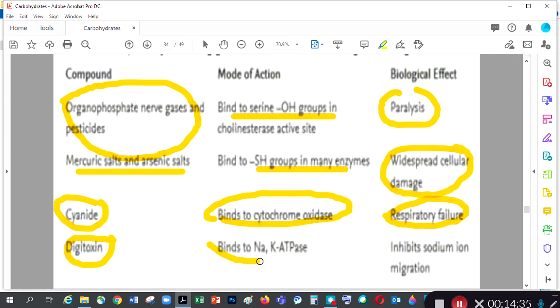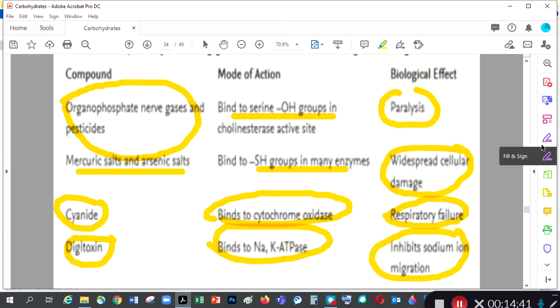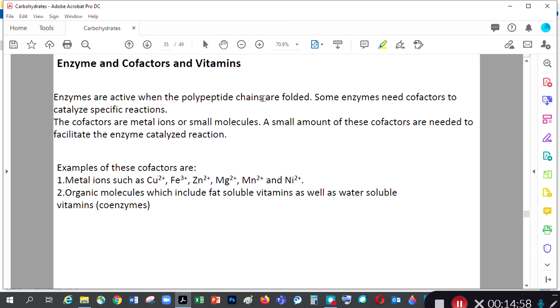Digitoxin can bind to sodium and potassium ATPase and inhibit sodium ion migration. So all those are highly toxic compounds or ions, and can cause the enzyme to be destroyed. There will be permanent, irreversible inhibition.